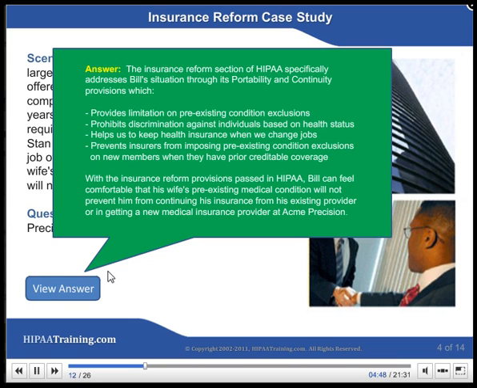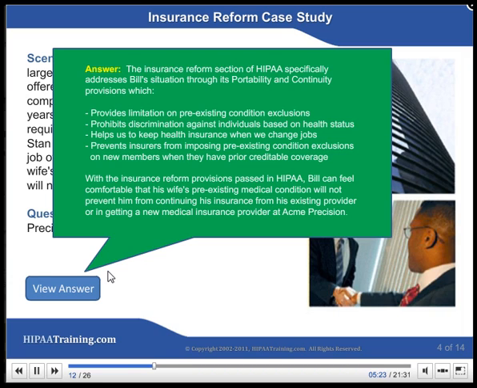Answer. The insurance reform section of HIPAA specifically addresses Bill's situation through its portability and continuity provisions, which provide limitations on pre-existing condition exclusions, prohibit discrimination against individuals based on health status, help us to keep health insurance when we change jobs, and prevent insurers from imposing pre-existing condition exclusions on new members when they have prior creditable coverage.